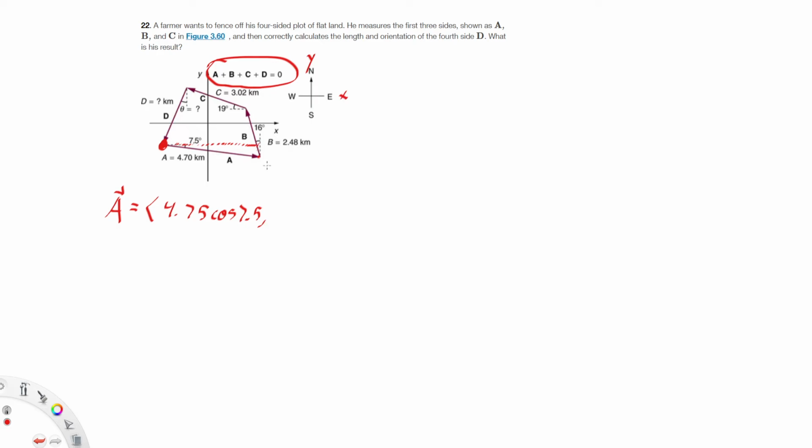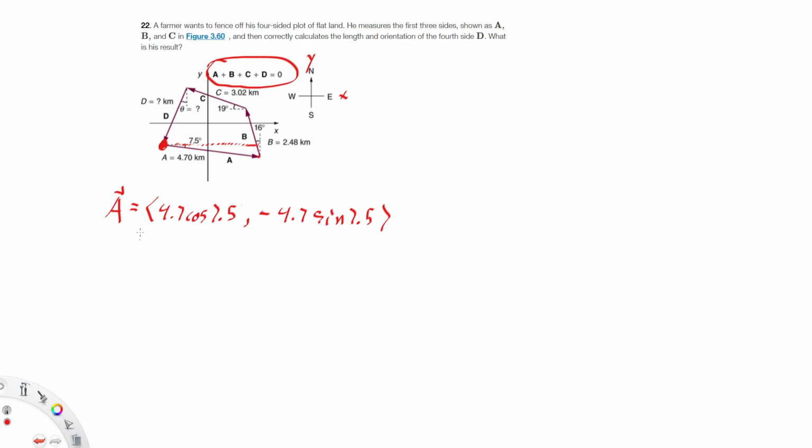And the Y will be opposite of that angle, so we'll use sine. We put a negative sign on the Y part because it's going to the south.